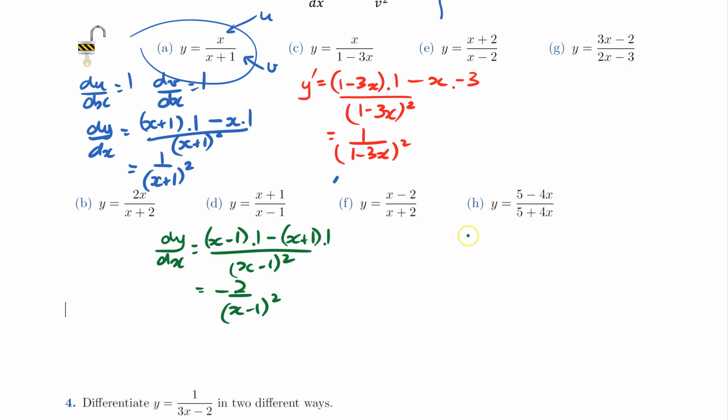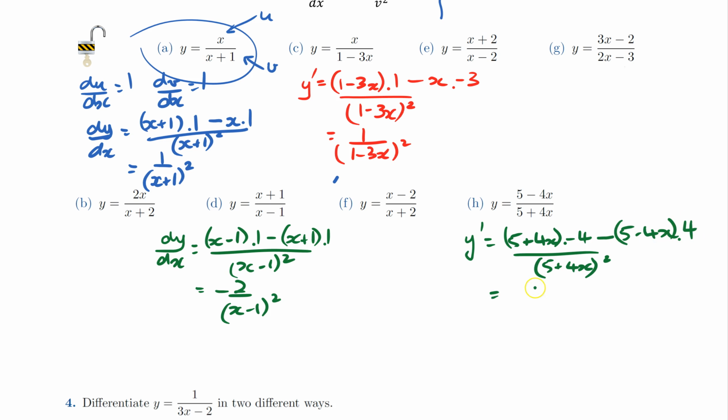This one over here, quotient, put down the bottom and square it, put it up the top, times the differential of the top, which will be negative 4, minus, put down the top, times the differential of the bottom, which will be plus 4.